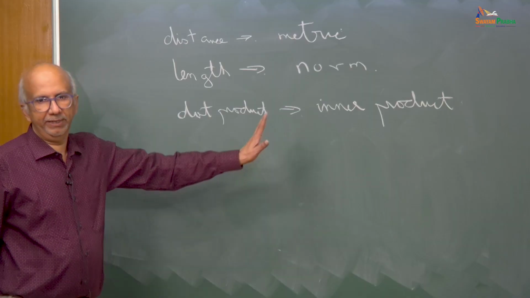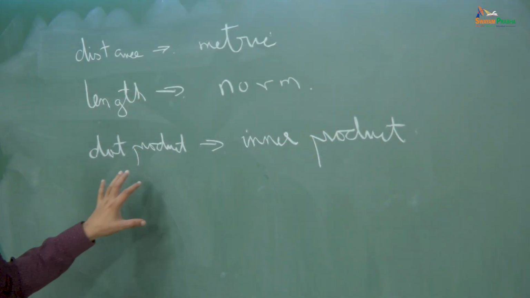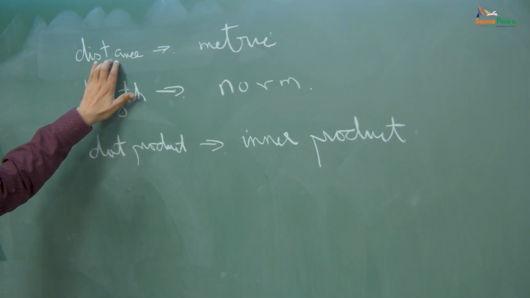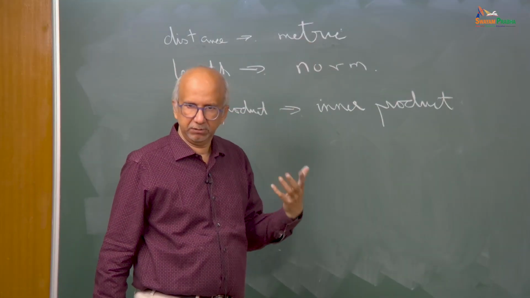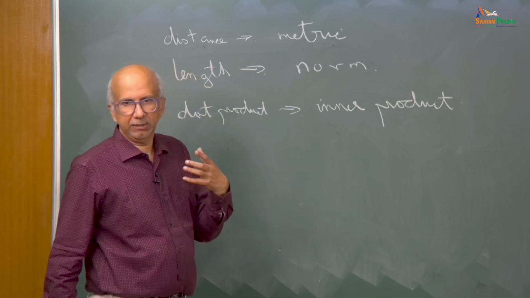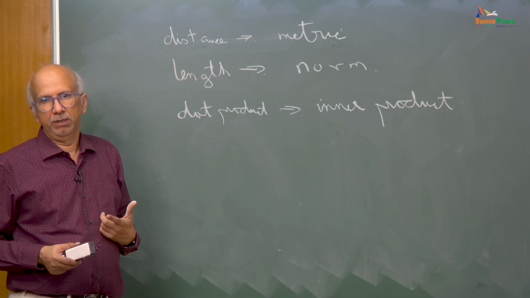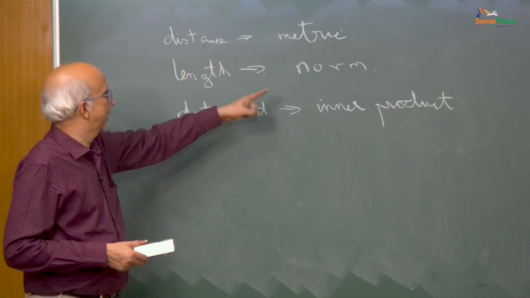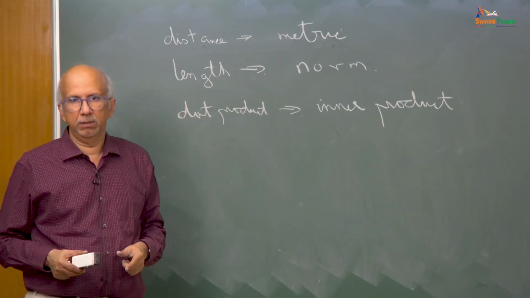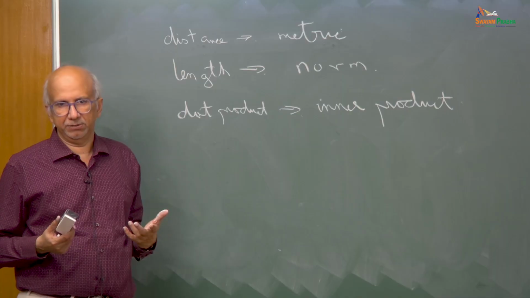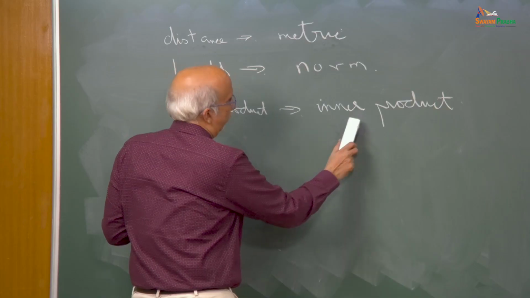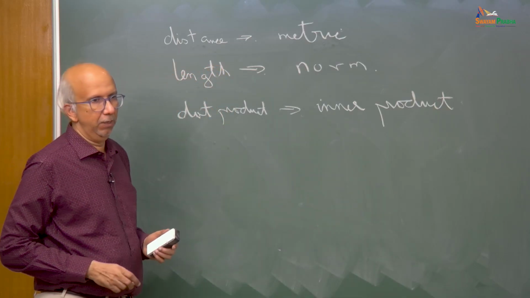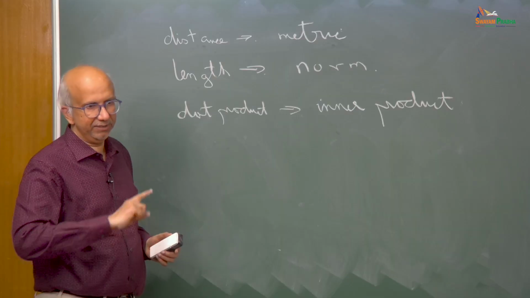So, these are the generalizations of what we have already seen. You talked about distance, the Euclidean distance. I want to generalize it into a concept called metric. Metric basically you have to think of as distance, okay. Norm is a general way of representing length, and I will tell you why it is general. And you are used to the dot product, we will call it inner product, okay.